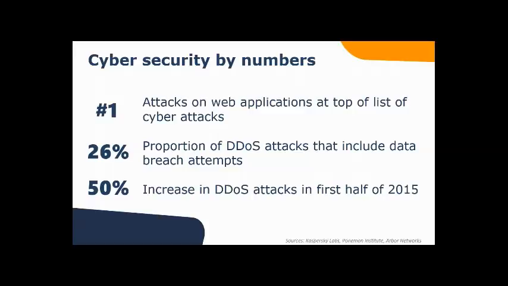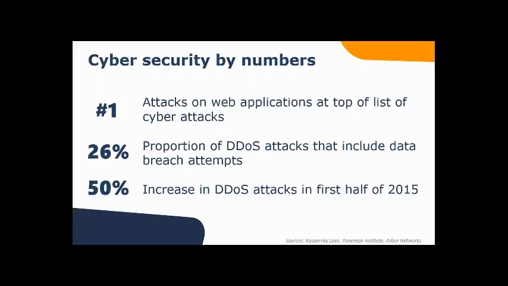There's also a very frightening story, which is that almost a quarter of all disruptive DDoS attacks, which try to take websites and web applications offline by blasting them with server-based requests, now include some kind of attempt to exploit a vulnerability or to steal your data. The attack that I'll talk about in a second, from TalkTalk in the UK, was exactly that type of attack. The company first announced a DDoS attack and then announced that in fact their data was at risk and had been stolen as well.